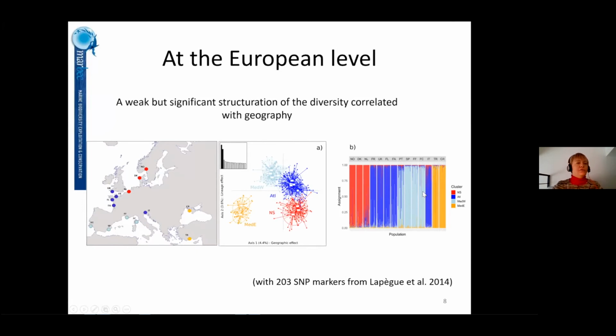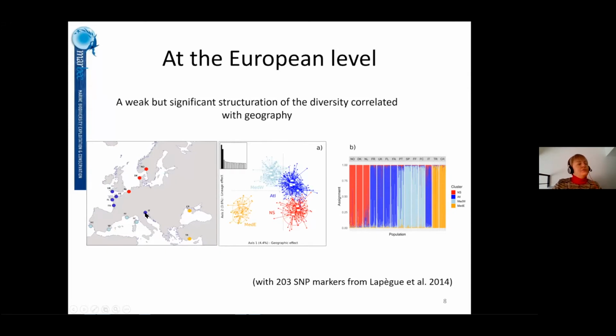We observe the same kind of results with a structure analysis, still from Norway to the Black Sea with the same color code. We still have 4 clusters. And here I just added this because you can see this Italian population that is dark blue, but we would expect it to be light blue, and here it is also dark blue.